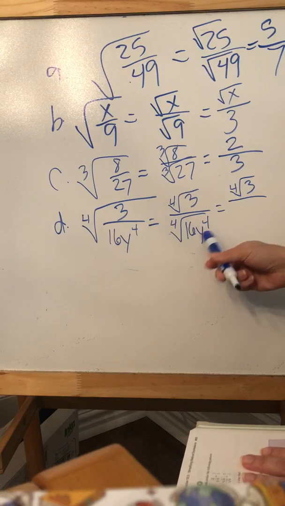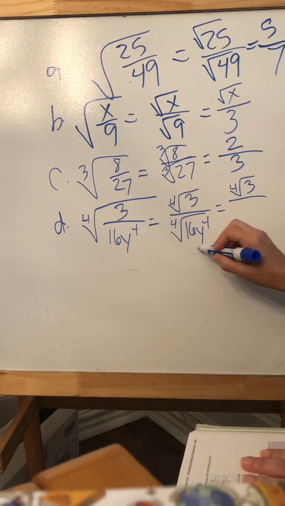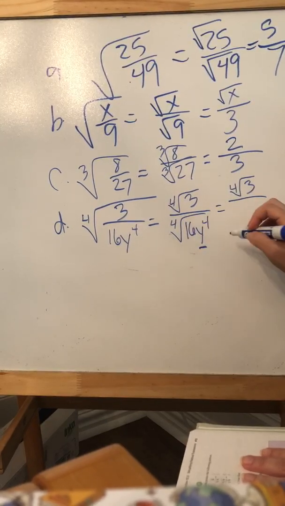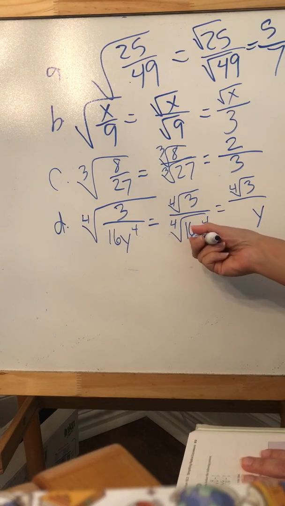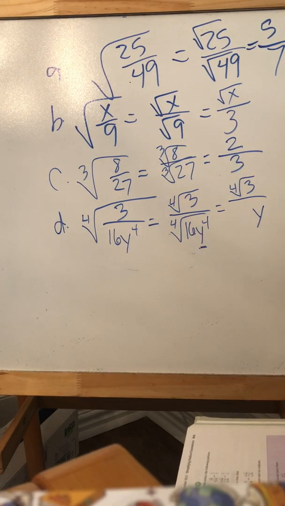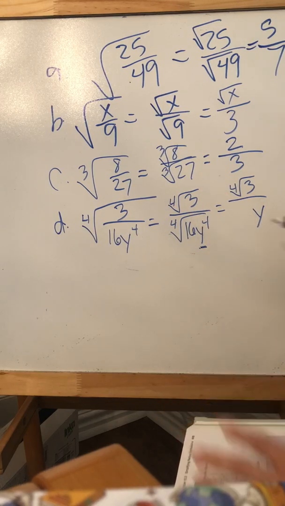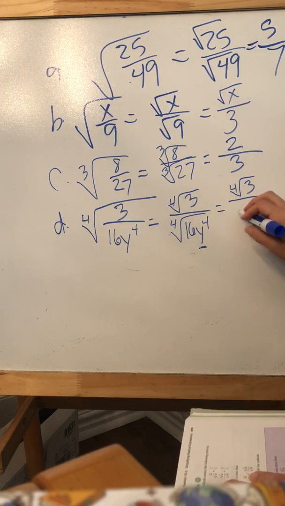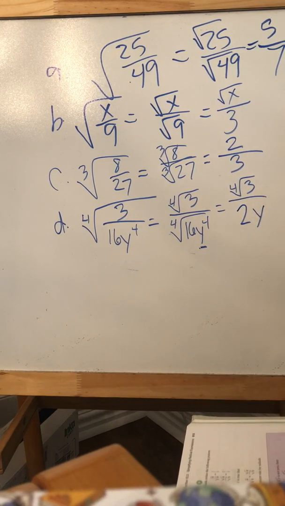But let's look here at the bottom. You're taking the fourth root of y to the fourth, so that just goes away, and you're just left with y. Now, what's the fourth root of 16? It's 2. 2 times 2 is 4, times 2 is 8, times 2 is 16. So our fourth root here is 2. So you're left with the fourth root of 3 over 2y. Okay, press pause, please, and do practice 2, A through D.